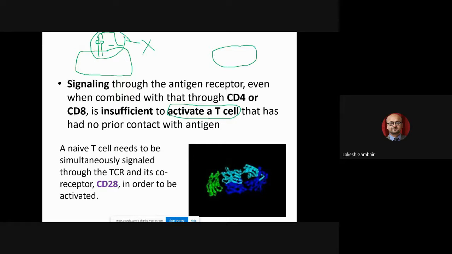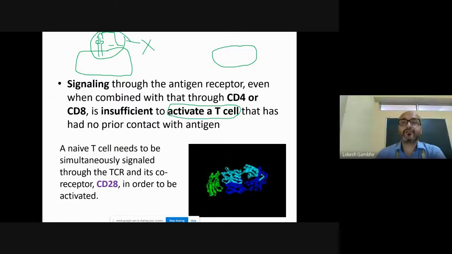It is the first-time exposure for the T cell. Those types of T cells are called naive T cells. These naive T cells require an extra stimulatory signal along with this particular signal to get activated, and that signal is provided by another receptor, CD28, which we had discussed very briefly in the previous setting.